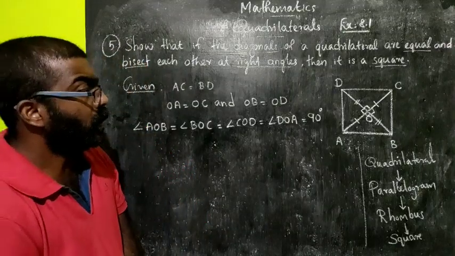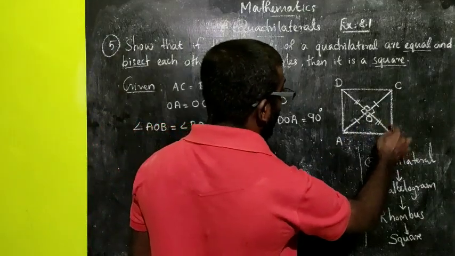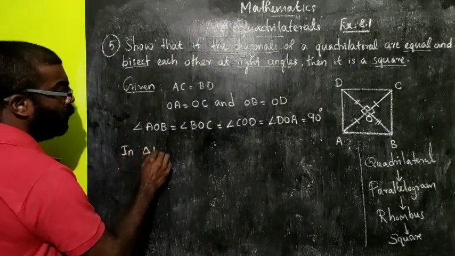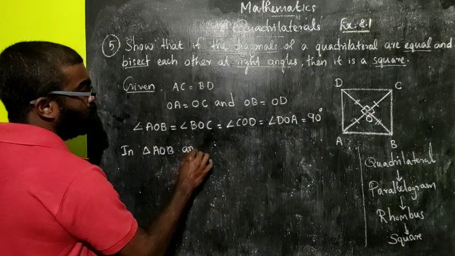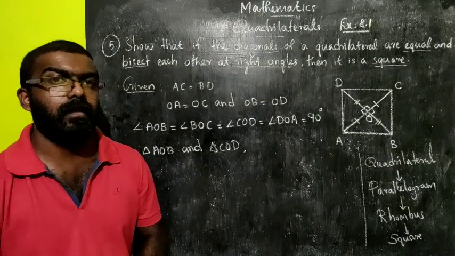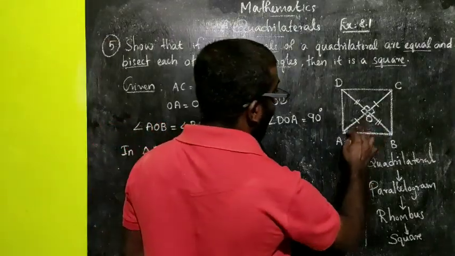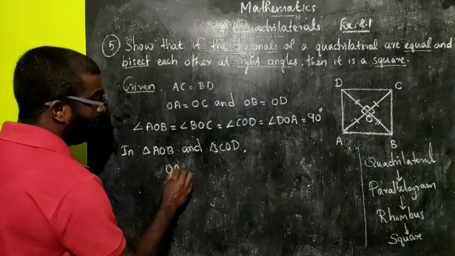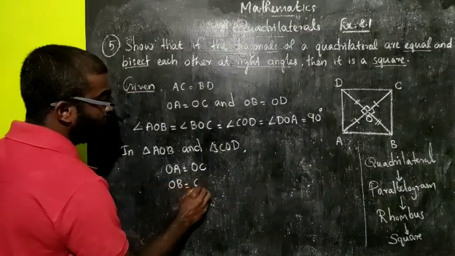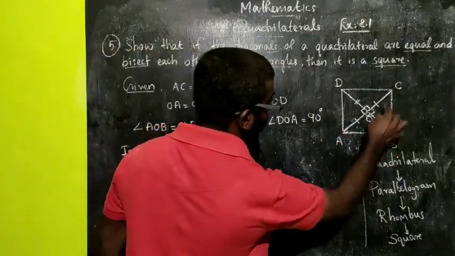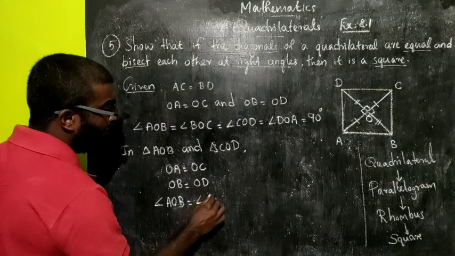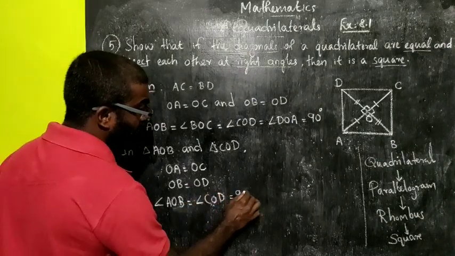For that we can consider triangle AOB and triangle COD. In triangle AOB and triangle COD, we are going to prove these two triangles are congruent. Right. So here OA equal to OC, then OB equal to OD, and angle AOB equal to angle COD, each 90 degrees.